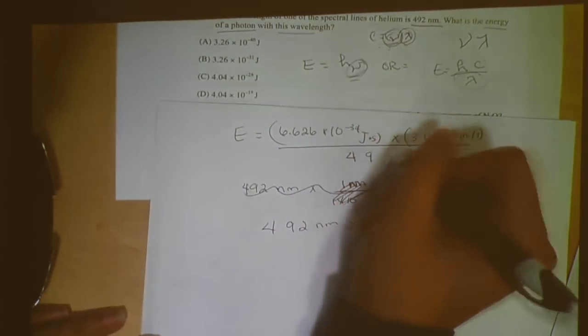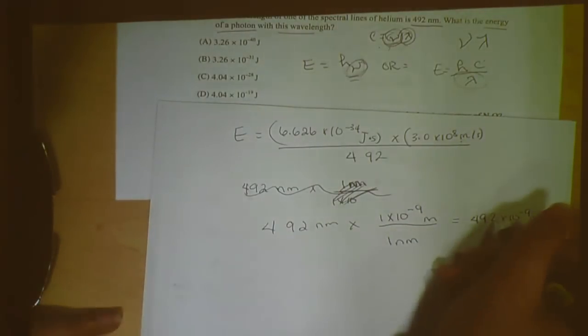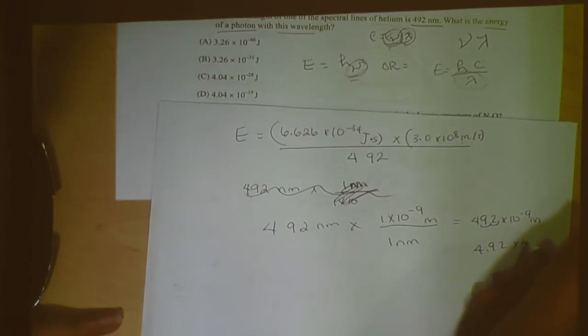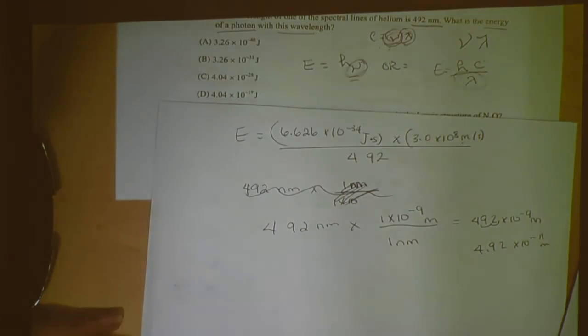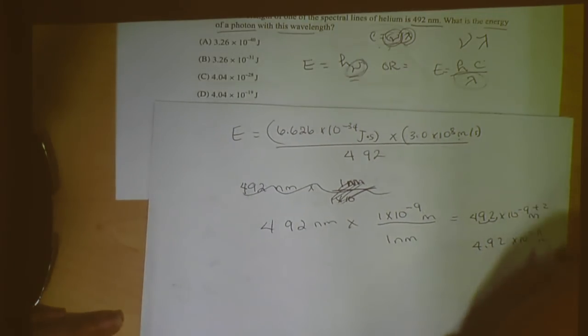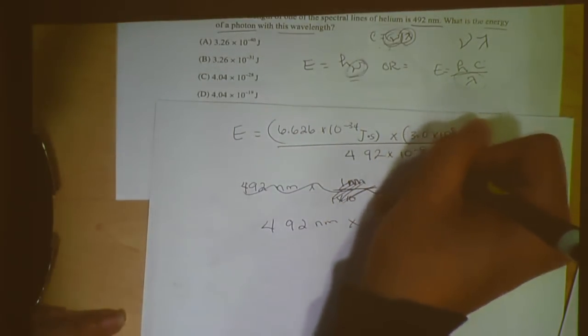Just for simplification purposes, if you want to convert it to scientific notation, it would be 4.92 times 10 to the negative 7. But you don't have to do that if you're confused, because you can just plug this into the calculator.